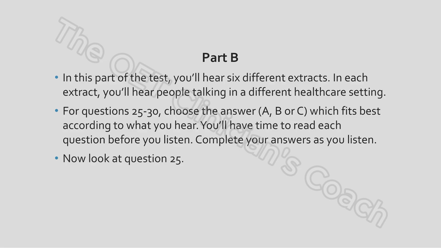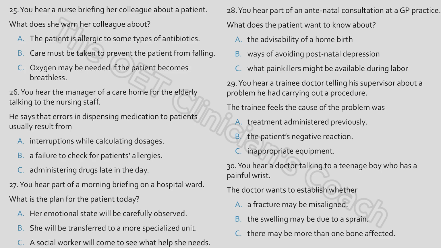For questions 25 to 30, choose the answer A, B, or C, which fits best according to what you hear. You'll have time to read each question before you listen. Complete your answers as you listen. Now look at question 25. You hear a nurse briefing her colleague about a patient. Now read the question.